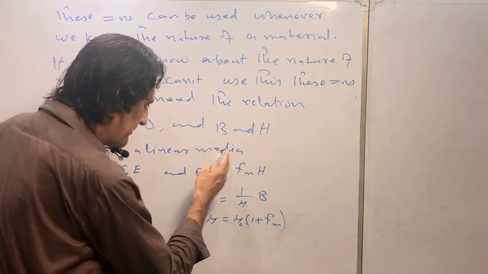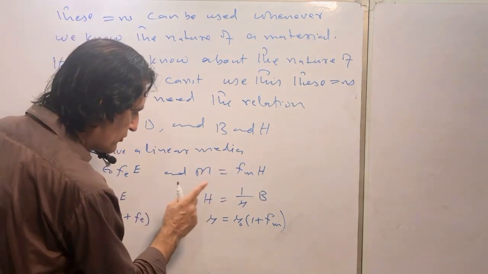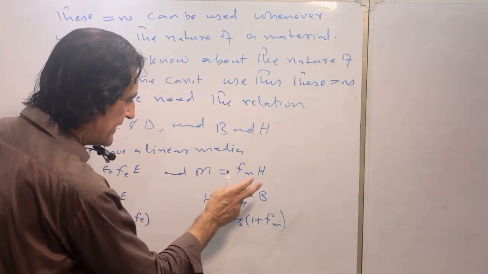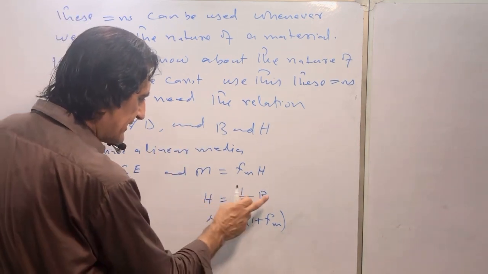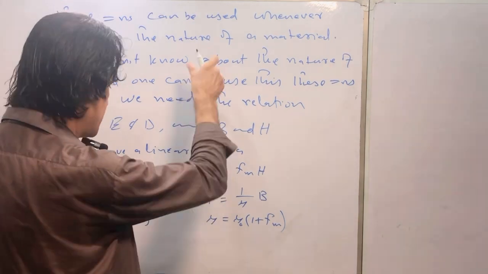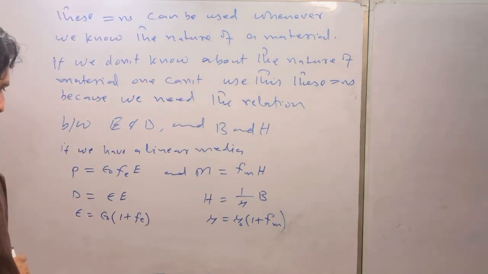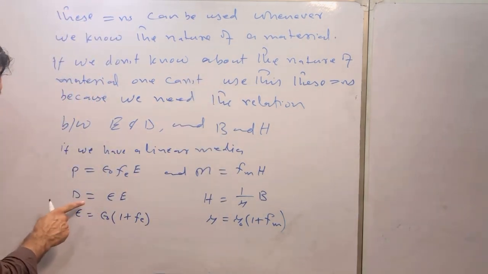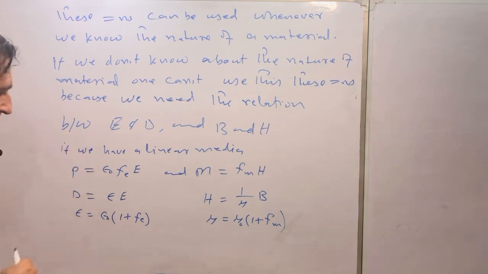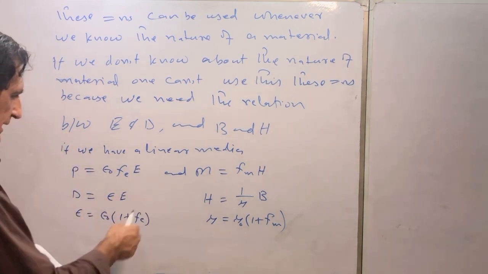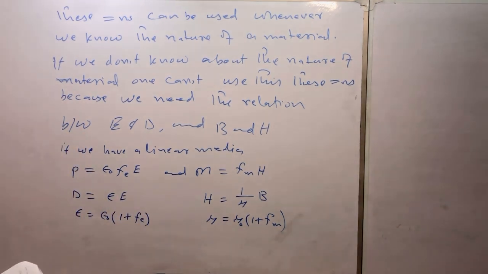So here we must know about H and B. If we know about H and B, then we can use these equations. Similarly, if we know the displacement vector and electric field, then we can use these Maxwell's equations.